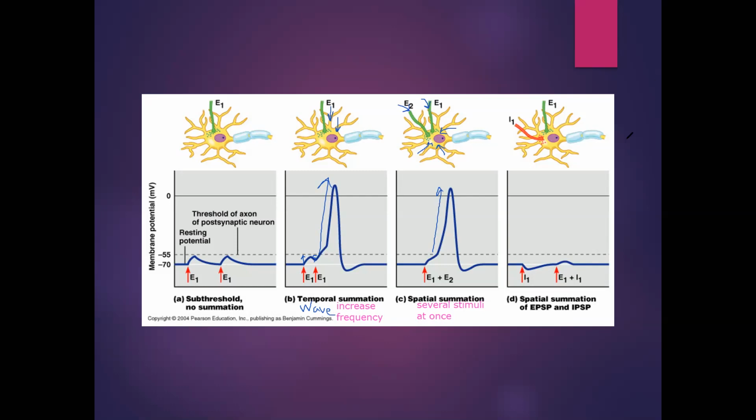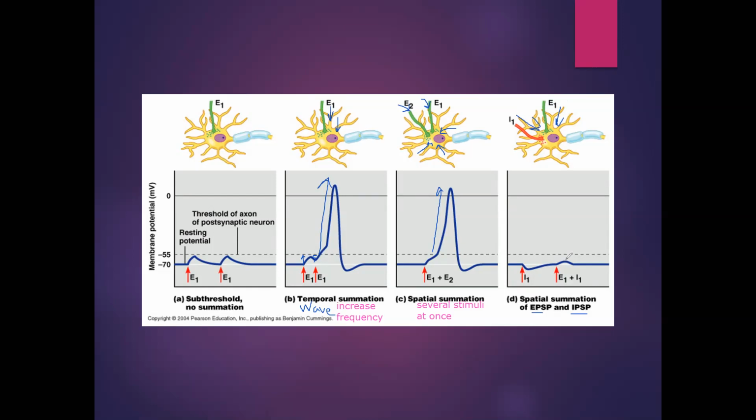I can get spatial summation with EPSPs and IPSPs here where they compete against one another. So this is going to send a signal, this is going to send a signal, and sure, they're going to affect one another. So I sent the inhibitory signal first, so it gave me a hyperpolarizing potential, but then I sent an EPSP at the same time as my IPSP, so it brought it up to here and took it just a little bit above threshold.